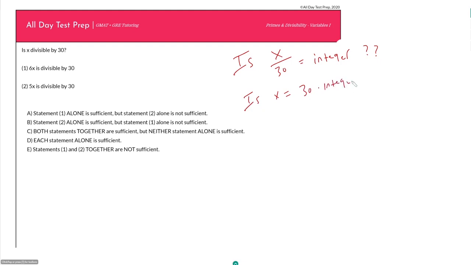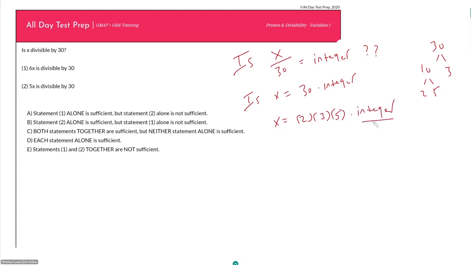Then we may want to further break up 30. If it's going to be divisible by 30, it's going to be divisible by 5 and 6. It's going to be divisible by 10 and 3. Or we can fully break it up and say, is x equal to 2 times 3 times 5 times an integer. Now this integer can be anything.